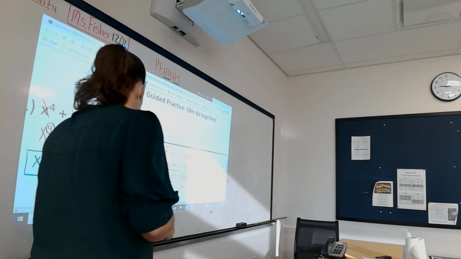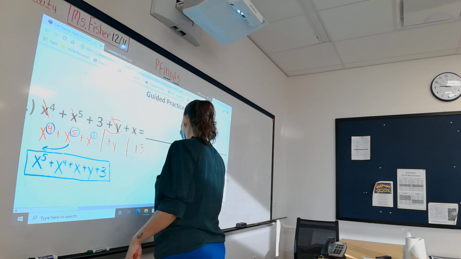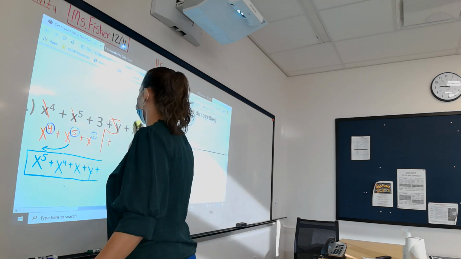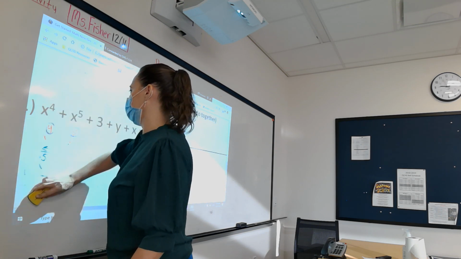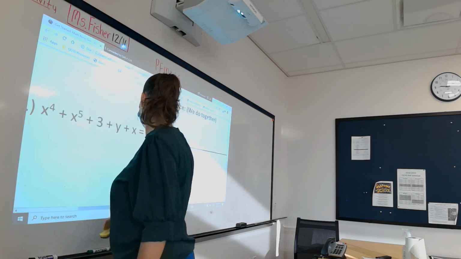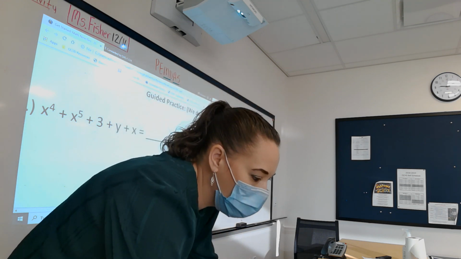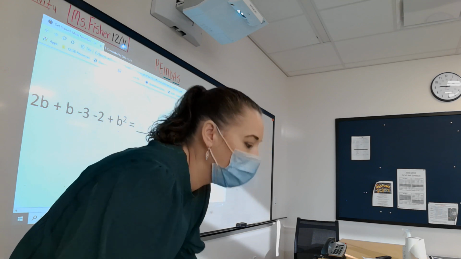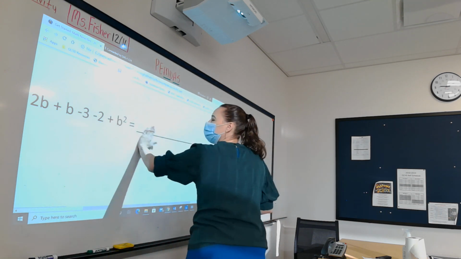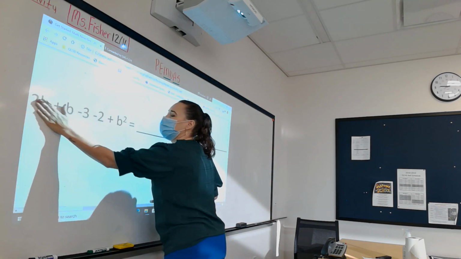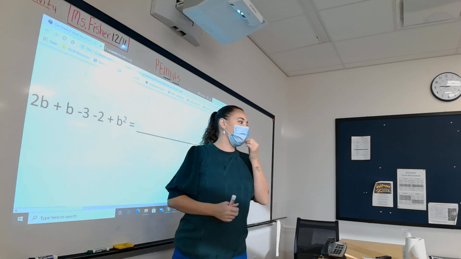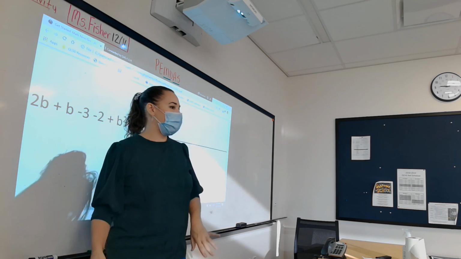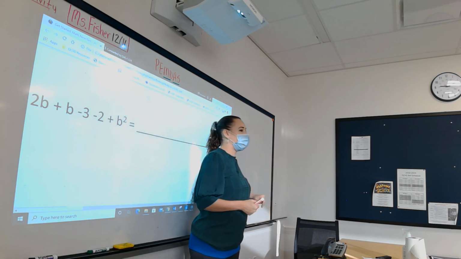Okay, so let me erase that. We'll get to another one. Okay, so for this one, this one's easier because we remember, first step is you separate your variables and then you separate your constant, okay?